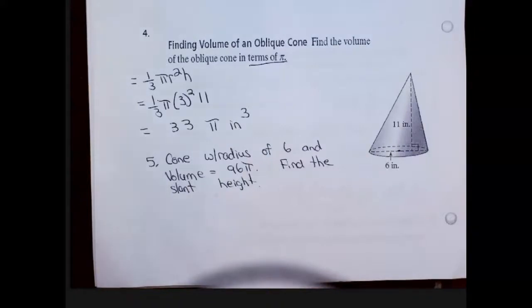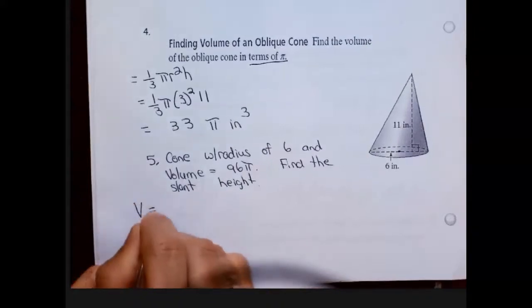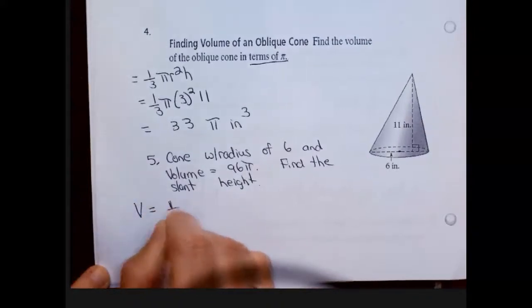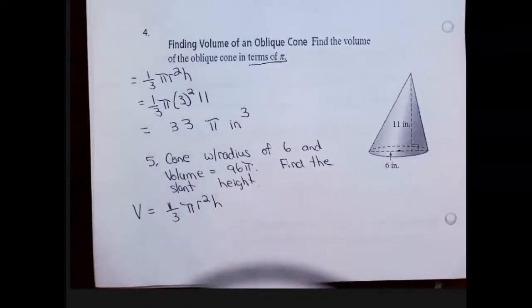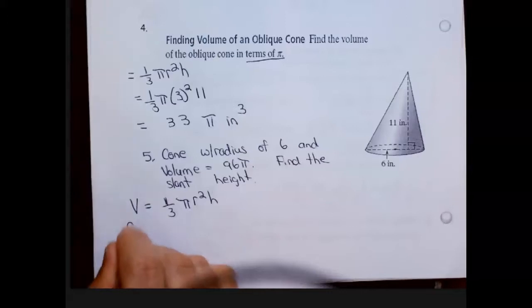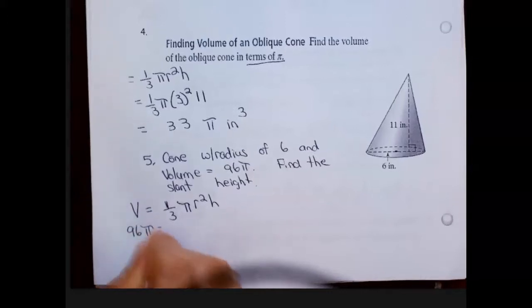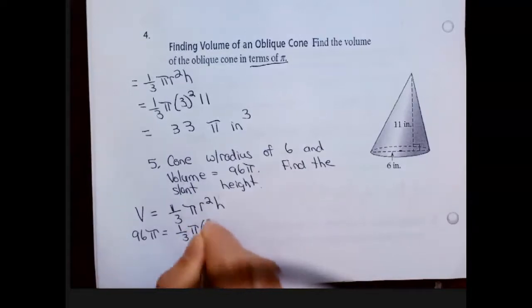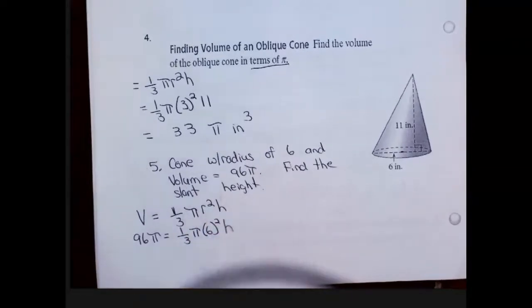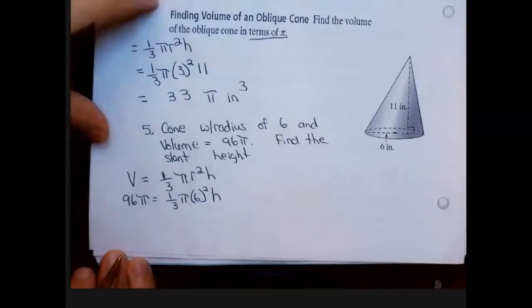All right, so let's start with your formula. Volume equals 1/3 pi r squared times h. I've been given a volume of 96 pi. I have a radius of 6. And the first thing we're going to do is find the height, and then we'll find the slant height.